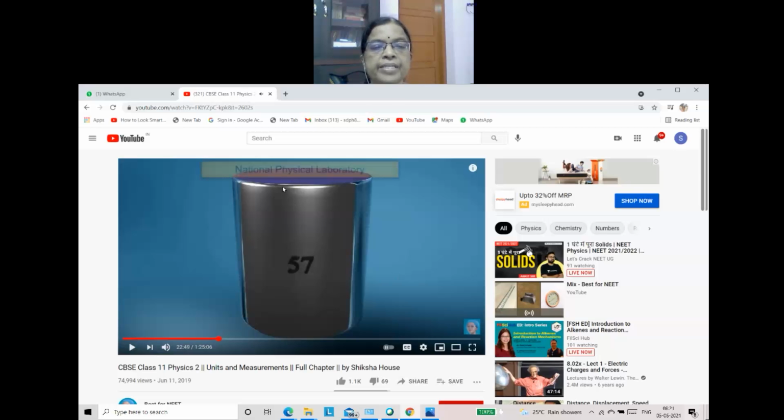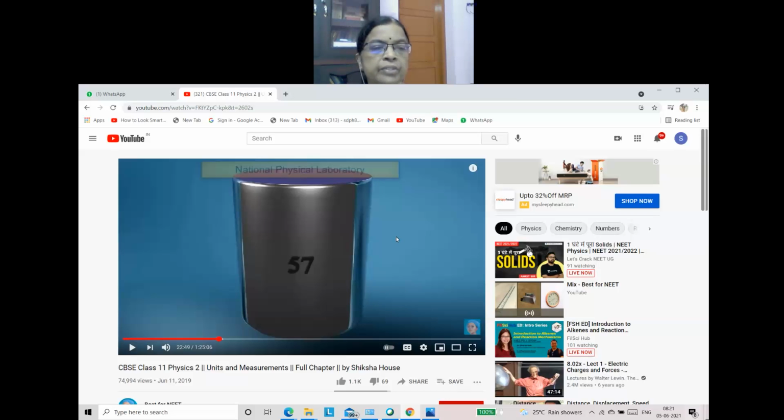This is a National Physical Laboratory, and weight is kept there. See, this is, for example, 1 kg weight. The SI unit of mass is kilogram. So this is 1 kilogram mass, and this is kept in National Physical Laboratory for reference.